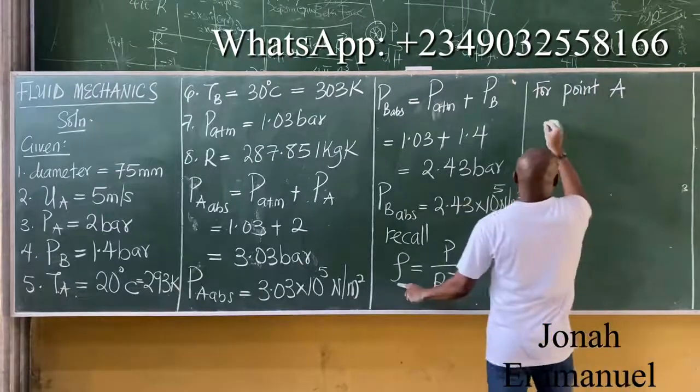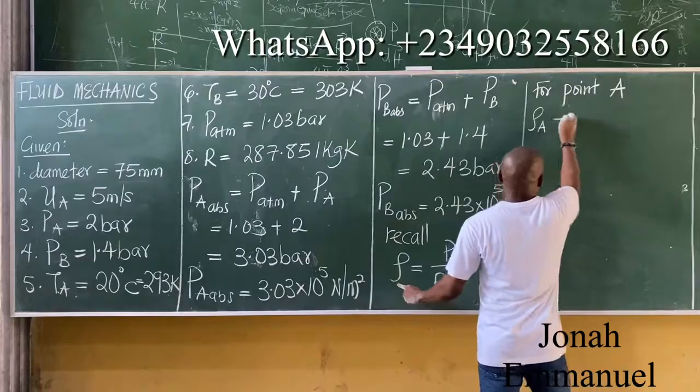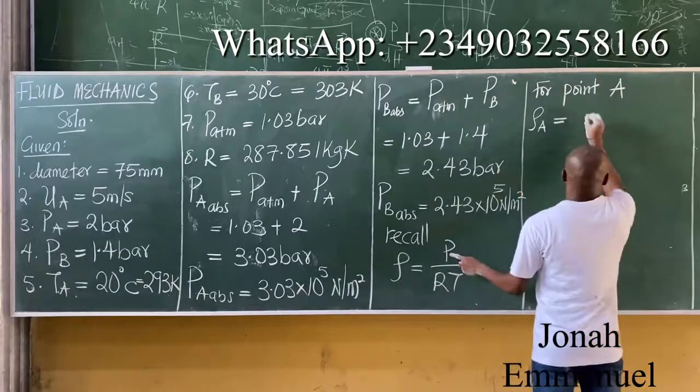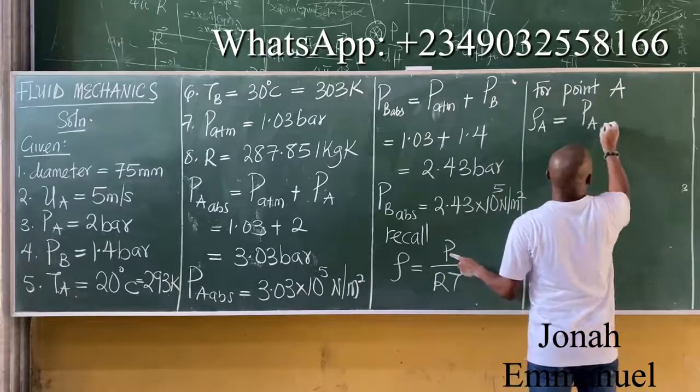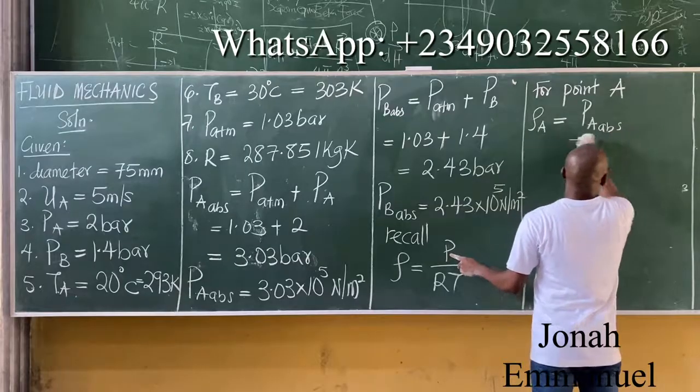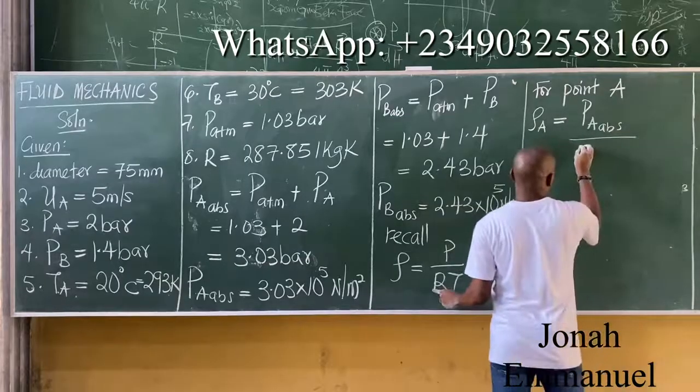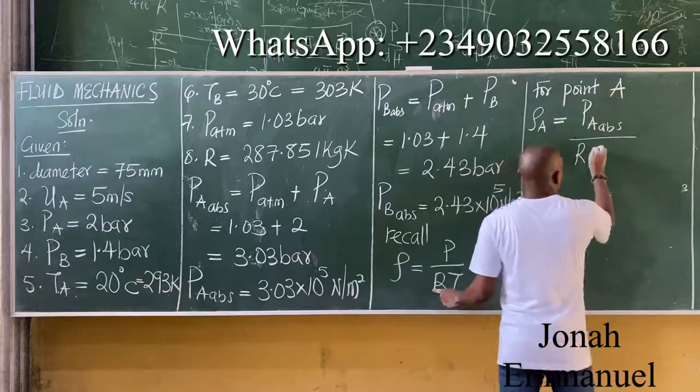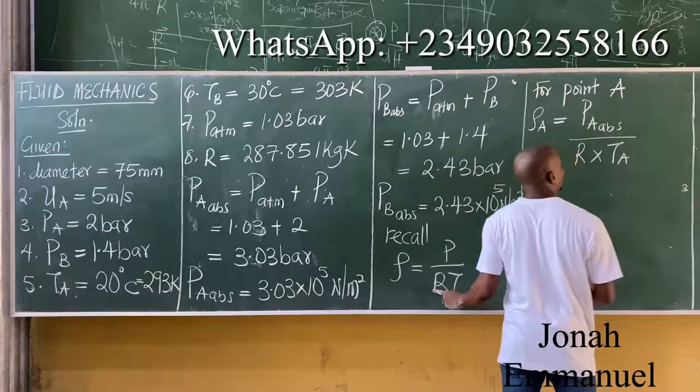So therefore, for point A, the mass density at point A is equal to PA, working with the absolute value, all over R, which is constant, times T at A in Kelvin.